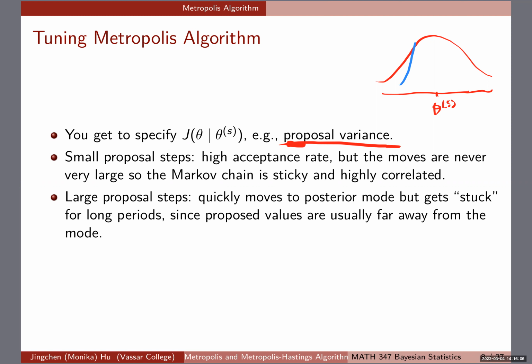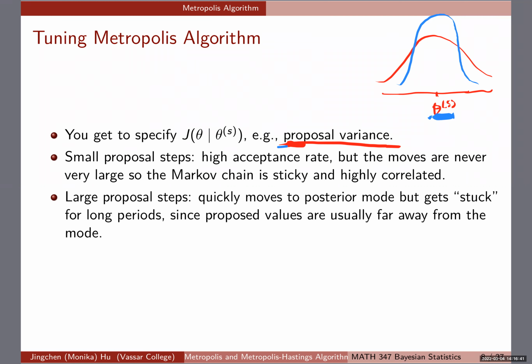If I'm doing another possible draw, both normal, and I'm using a larger standard deviation in the proposal distribution, there's going to be a larger variance. It's likely that I'm going to get something farther away from my theta s. But if I'm using a smaller standard deviation or smaller variance in the proposal distribution, it's more likely that I'm going to get something closer to my theta s. So you can tune that.